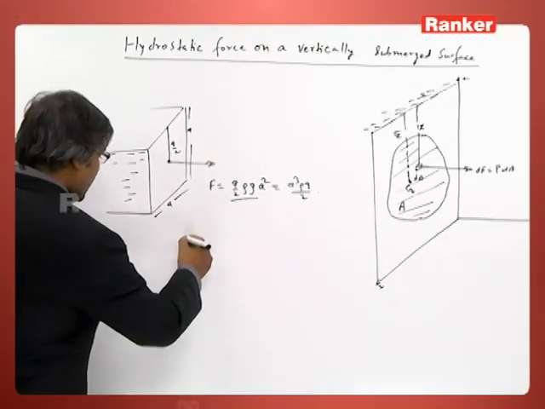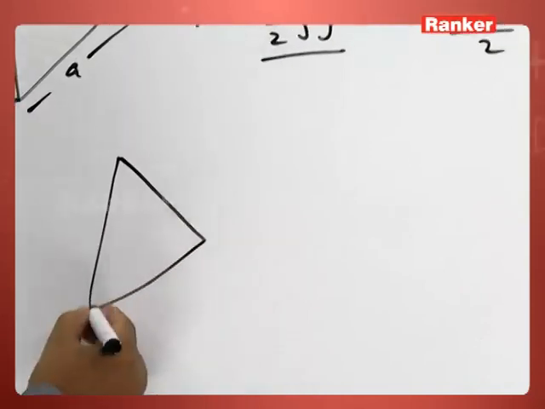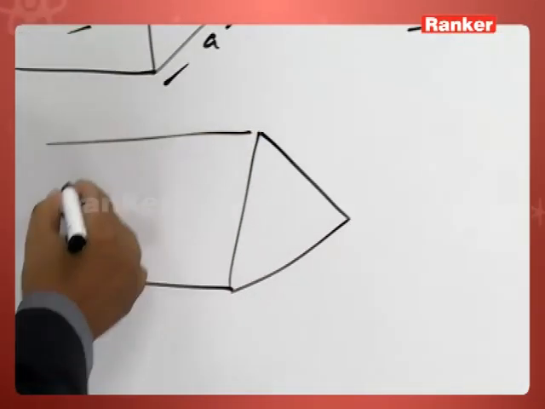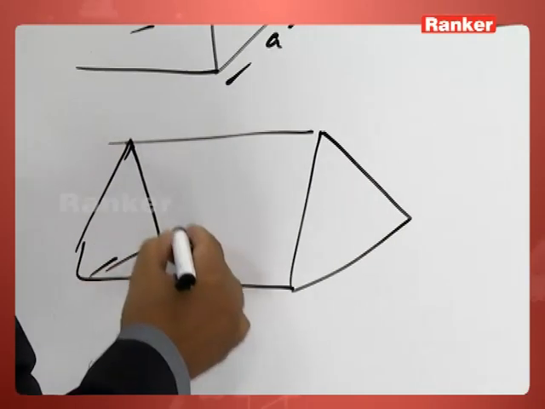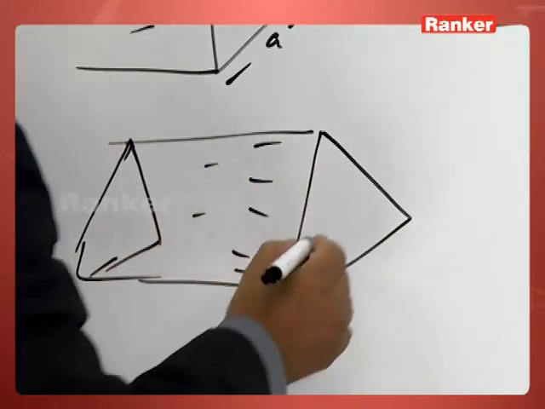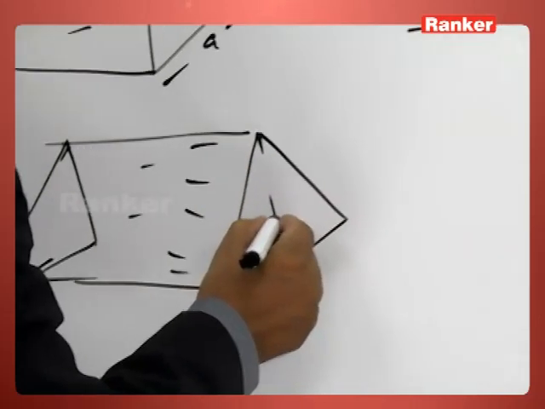Similarly, if I have a prismatic cross section like this, and if we have water filled inside it, then you see the centroid is here.